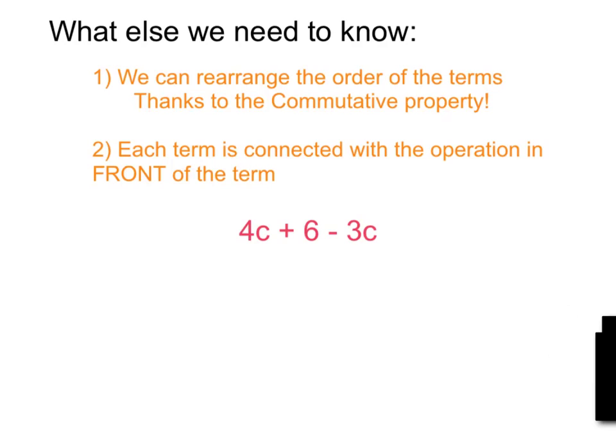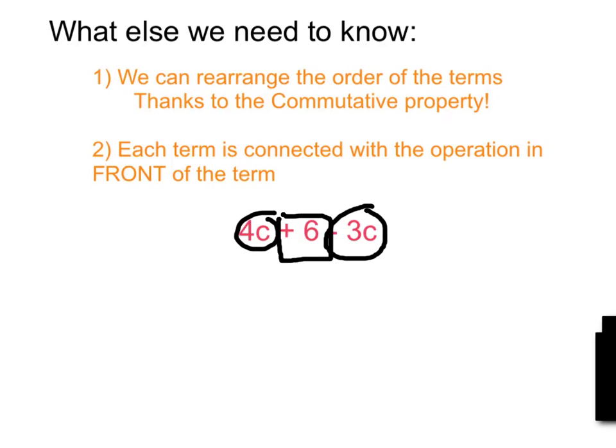So here in our example of 4c plus 6 minus 3c, I want to combine my like terms of 4c and right here my 3c. But what I need to know is that my 3c also needs to connect with the operation of subtraction, which is before it. And for my 6, my constant, the addition goes with that 6.